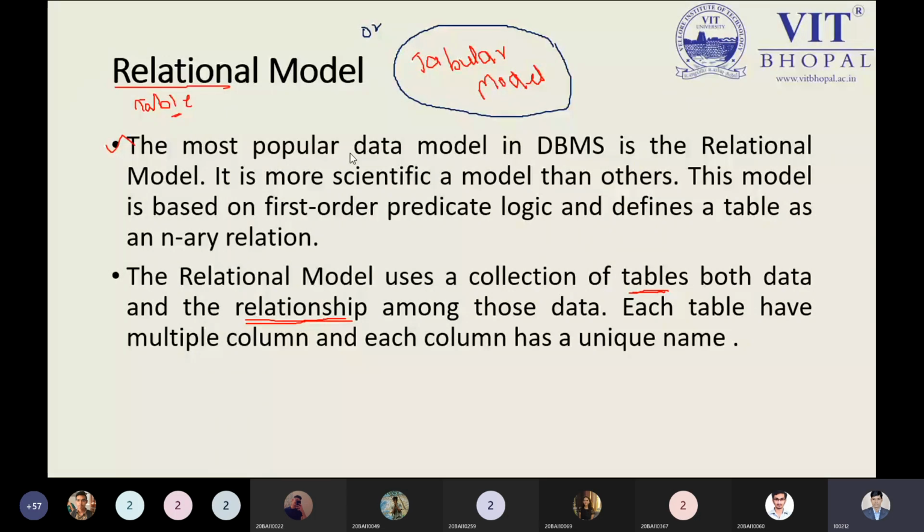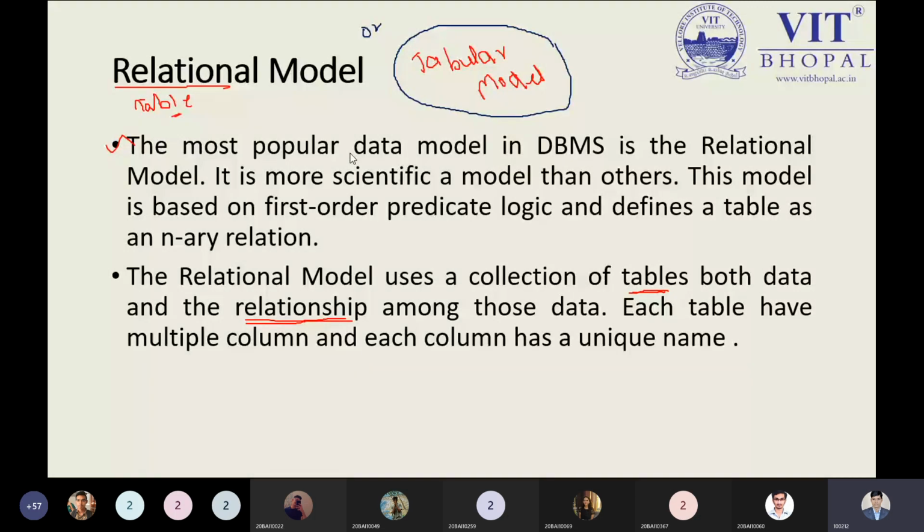So what exactly is the relational model? The relational model uses a collection of tables to represent both data and the relationships among those data. Each table has multiple columns, and each column has a unique name. That is the point you have to understand. A column name like student name cannot appear multiple times; I write it one time, so it would be only one time.